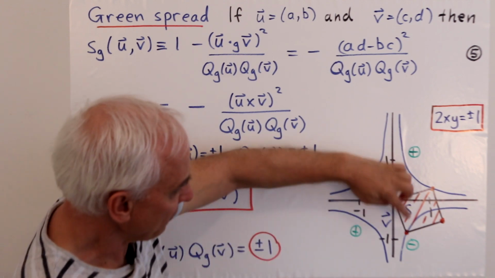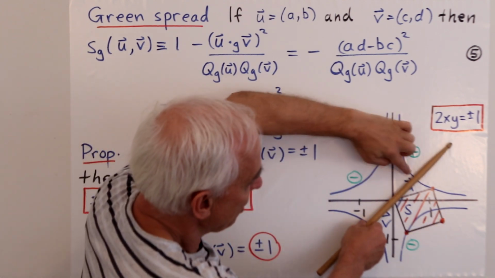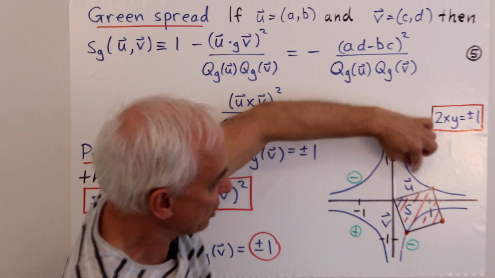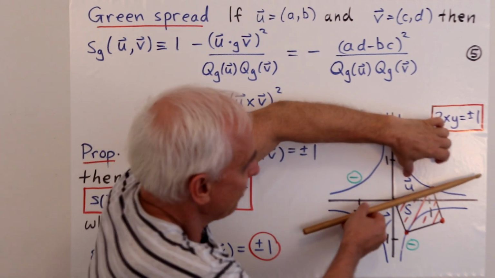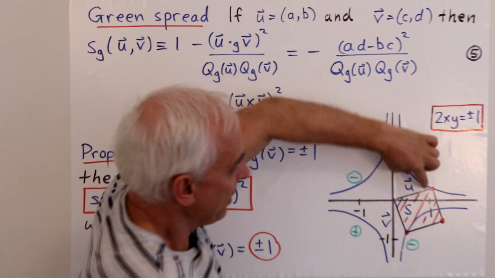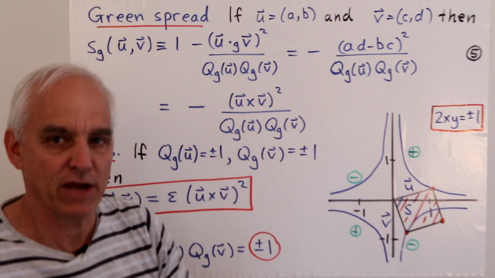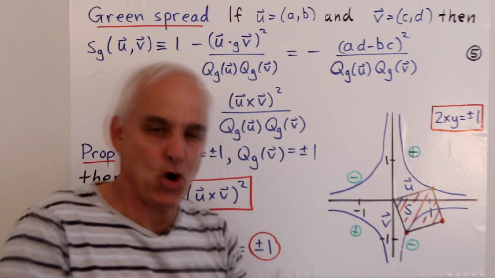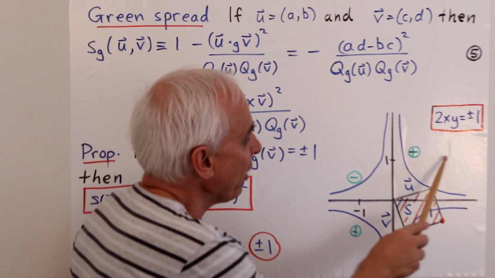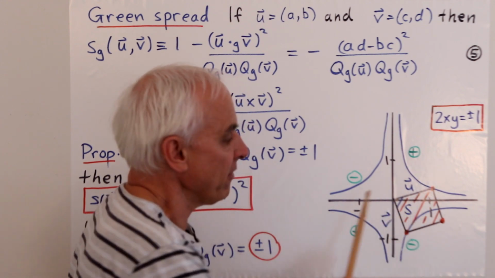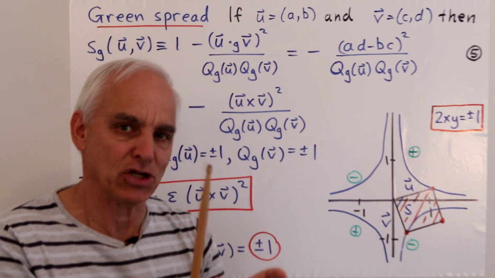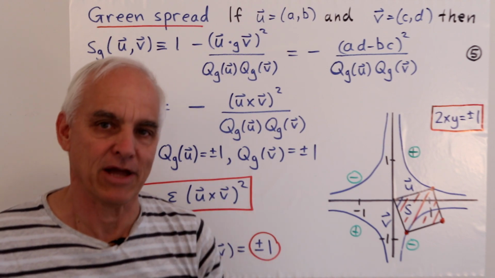But if this vector v was, say, in this direction, also on the same branch as u, so that we had, say, 2 lines like this, then we would expect the spread to be negative of the square of the parallelogram area formed by those 2 intersections with a hyperbola.